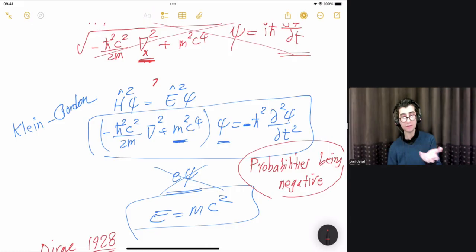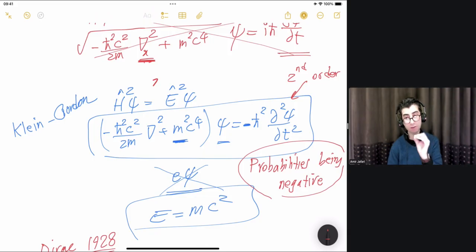Mathematically, Dirac was an excellent mathematician as well, and it is not hard to see that this problem arises because you have a second-order derivative with respect to time.